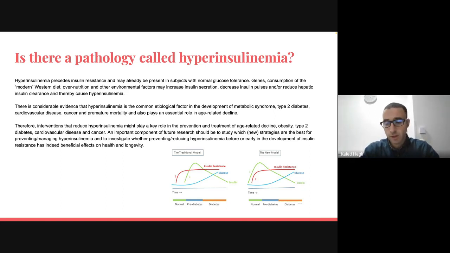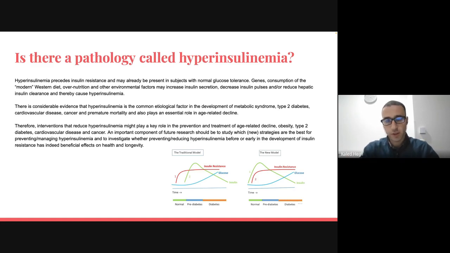The toxin topic was good to have before this, because in the papers that I looked at, something with modern diet or toxins could affect the pancreas, causing dysfunction and dysregulation in the pancreas. Could be in the beta cells or in the communication between beta and alpha cells. But the new model based on this would be that before insulin resistance, we would have just high insulin, hyperinsulinemia, because of dysregulation.